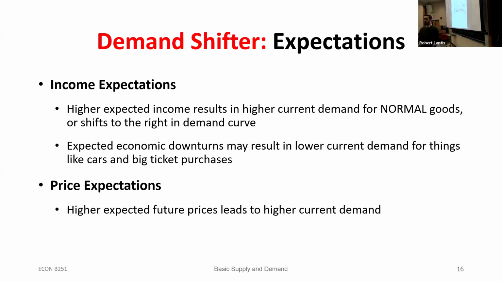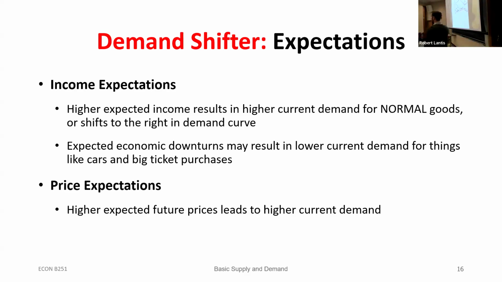Changes in the current price would shift demand which way? Trick question. Changes in current prices do what? Move me to different quantity demanded, different points on the demand curve. Changes in the entire demand curve mean at every single price, the quantity demanded has gone up or down.